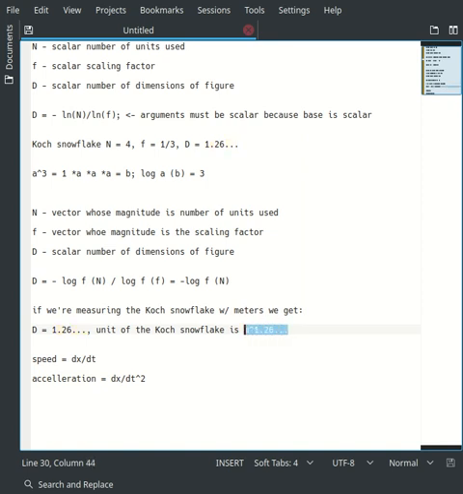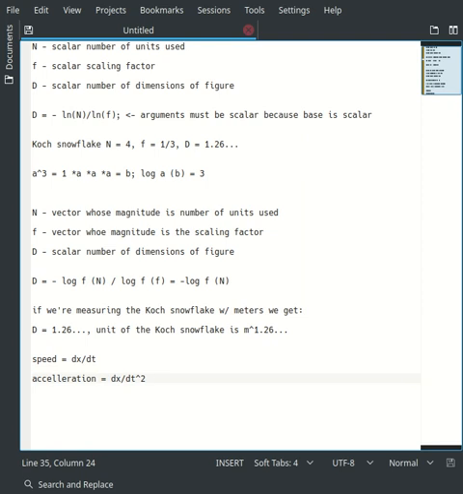It's just not an integer. This shouldn't be a problem. This shouldn't be a big shock for you. Like, maybe a tiny bit, because what does that really mean? But I can show you what that means, because I can show you what a Koch snowflake looks like. This is normal.